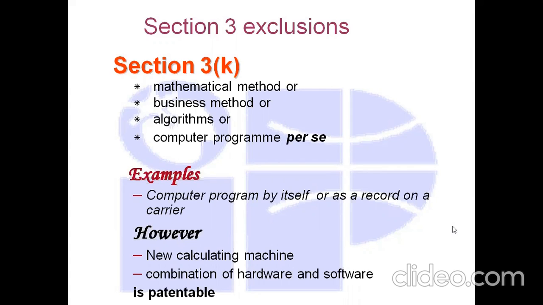You can apply in the IPR section, in the copyright section. Your copyright covers this algorithm, the computer code, this program, benefiting students. You can get copyright for each and every such coding or computer program, but not a patent.